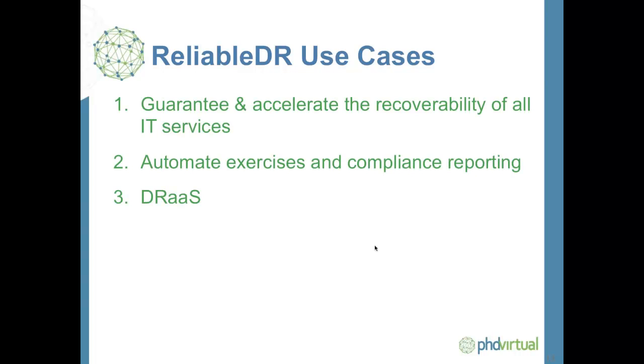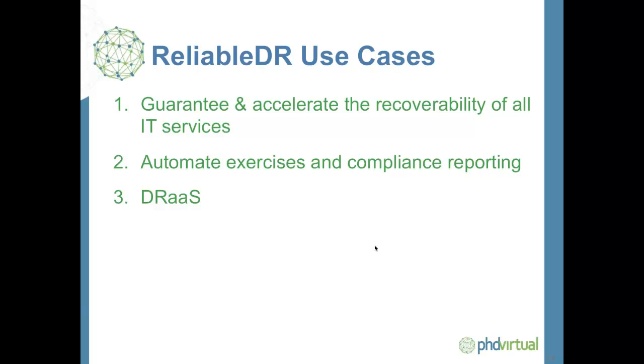So besides just doing DR tests, there's a few other use cases for the product. So to be able to guarantee and accelerate the recoverability of all IT services, because you're constantly doing this, or the system is constantly doing it for you, you know when you've had some configuration drift, or if you've got a problem, something that is going to break that virtual machine or that application from starting.